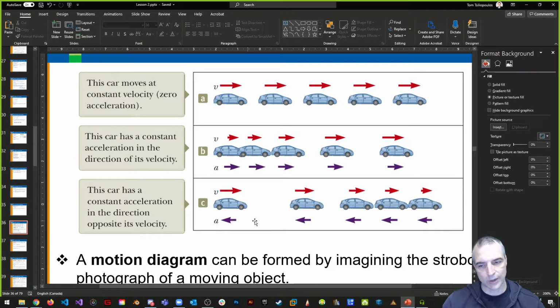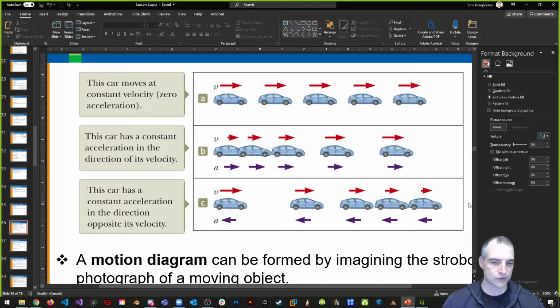When we have acceleration in the opposite direction of velocity, though, you tend to have things slow down. We see that there's a large amount of velocity here. The velocity vector is quite high, and you can see that there's quite a bit of space between the two cars, but my acceleration vector is in the opposite direction. So what I'm actually doing is subtracting my acceleration vector from my velocity vector every frame until I have zero velocity.